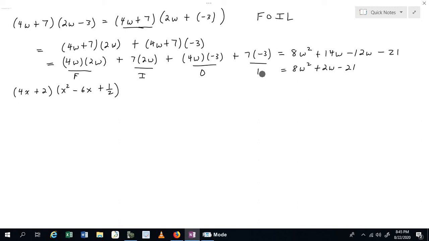This is the last. Now you can see the order in which I ended up doing this was the inner and the outer were switched, but that doesn't matter because the order in which you add doesn't matter. Okay, so you can use the FOIL method to get this, but the FOIL method really comes from this distributive property.